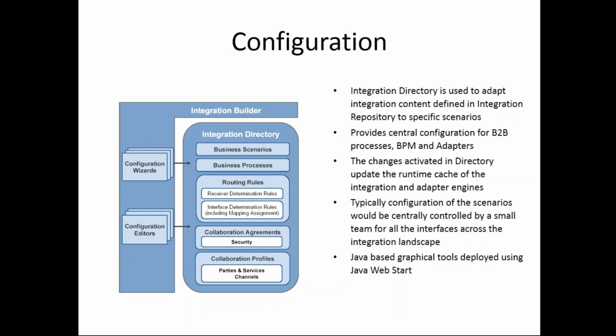Then, once the routing is done, what type of mapping should be involved? Should it be the mapping for A, B, or C? Whichever mapping you have created, you can define that mapping and assign it to the receiver. Okay, and which format does that receiver want the file in? So let's say my receiver wants the file in a CSV format.